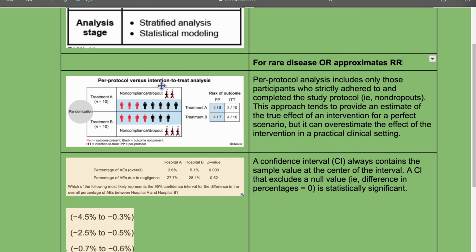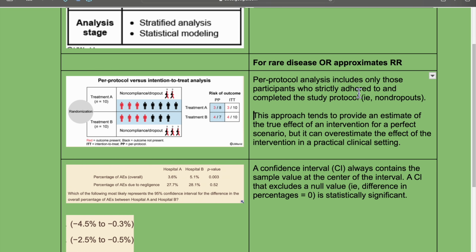Per protocol versus intention to treat analysis. You can just check out the diagram there. Okay. Per protocol analysis includes all those participants who strictly adhered to and completed the study protocol. That is non-dropouts. Okay, so per protocol.